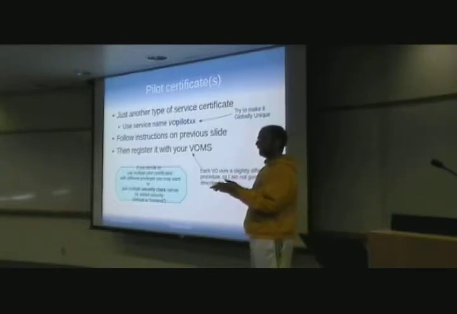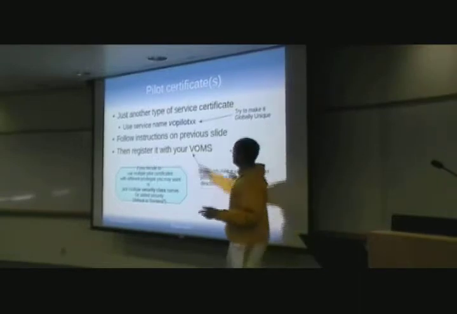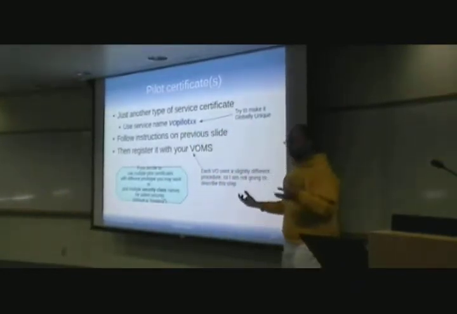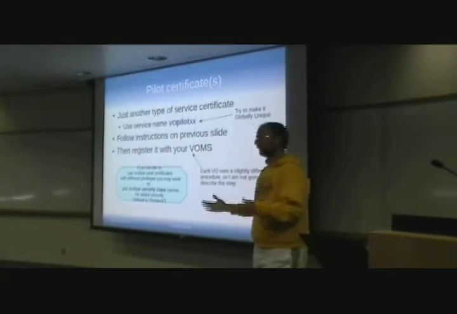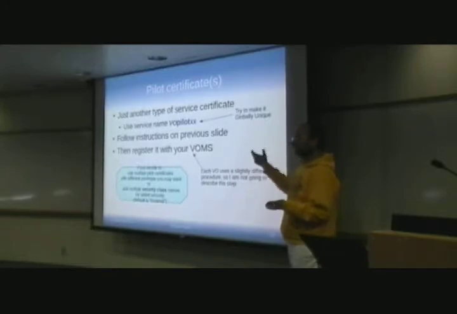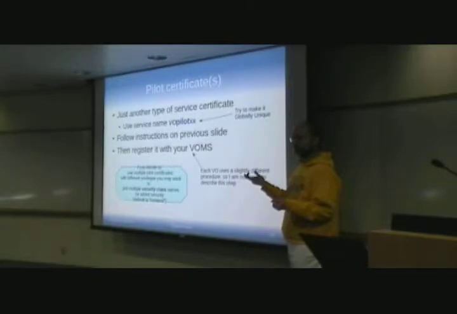And there is really nothing in the DN that is obviously specific to a VO pilot apart from this string. So again, it's not a strict security requirement, but it's nice, being a good citizen and declaring who you are in the DN string, which otherwise can be completely arbitrary in that part.